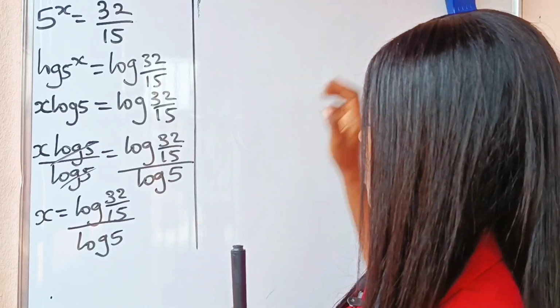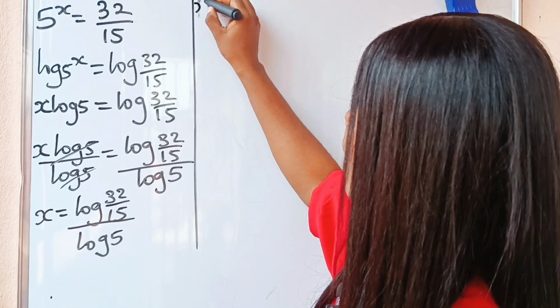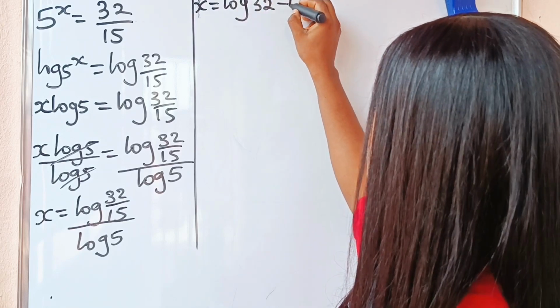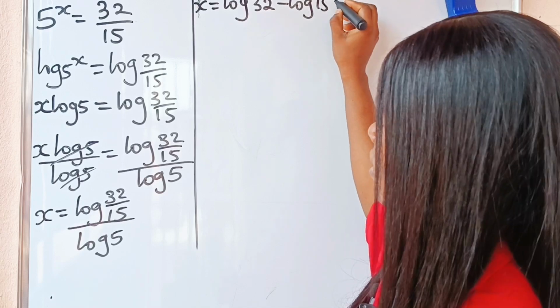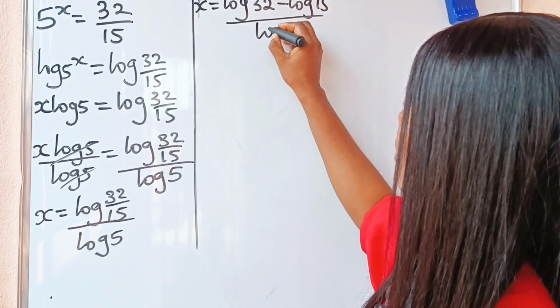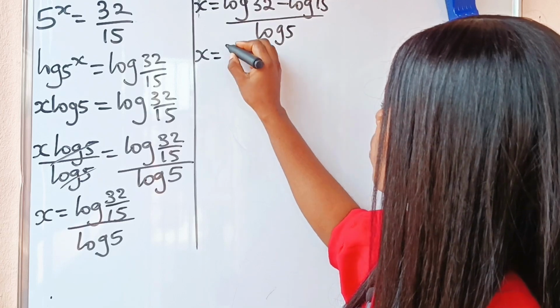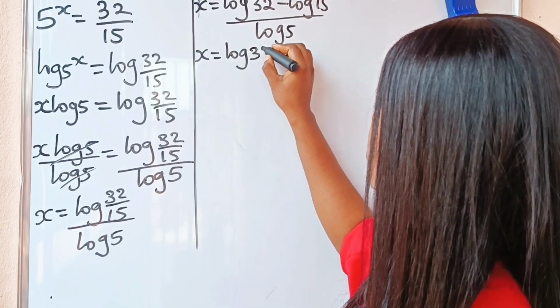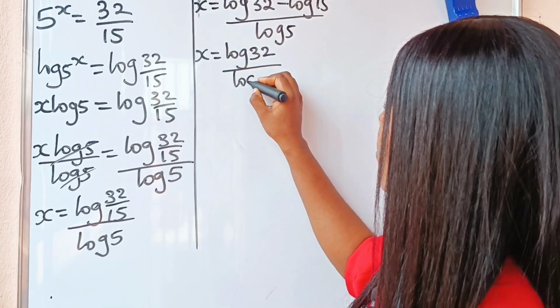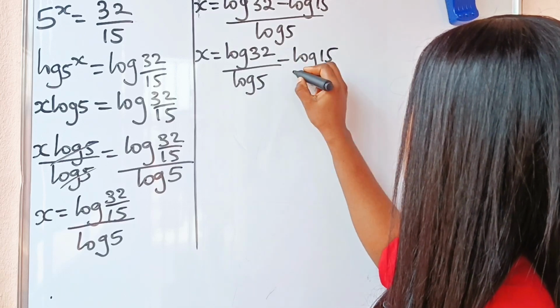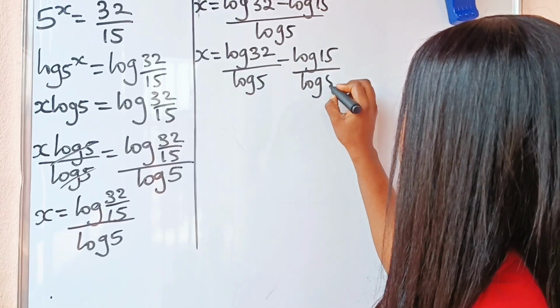So we can now express this as x is equal to log 32 minus log 15 divided by log 5. Okay, so x is equal to log 32 divided by log 5 minus log 15 divided by log 5.